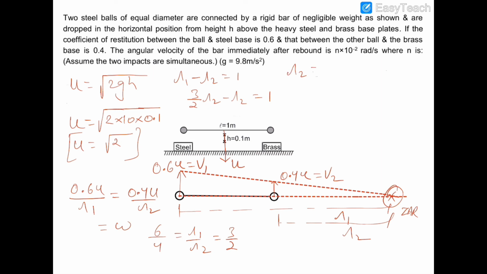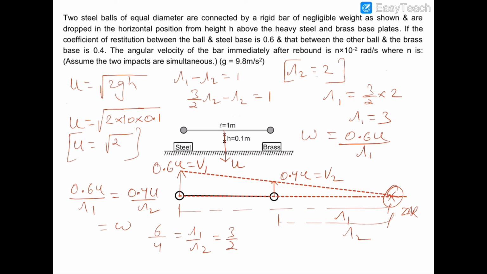So R2 is equal to 2, and R1 is equal to 3 by 2 of R2, so R1 is equal to 3. So omega will be equal to either 0.6 U by R1 or 0.4 U by R2.